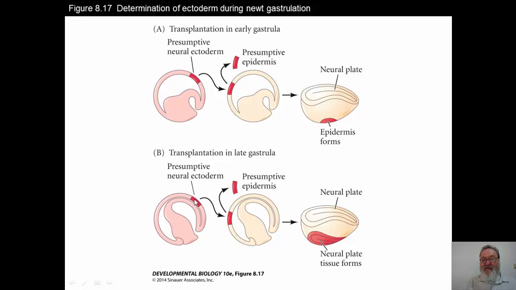It has been determined. And once that happens, its fate is going to be neural plate no matter where you put it. So this was a very important discovery that Spemann and his colleagues made, that prospective fate was determined after it had been in place for a given amount of time and would differentiate independent of where it was placed in the embryo.